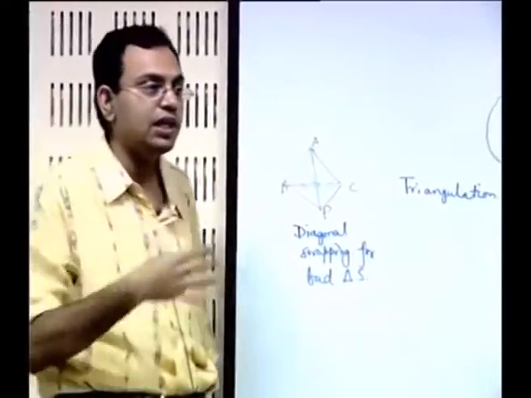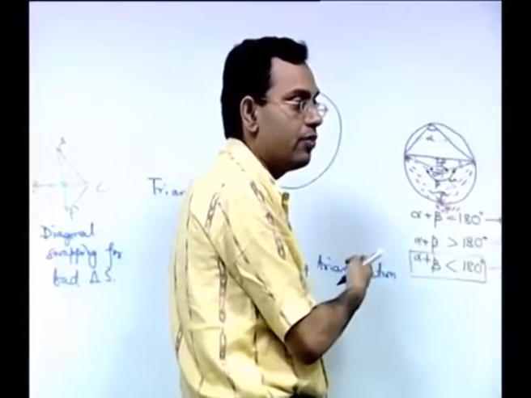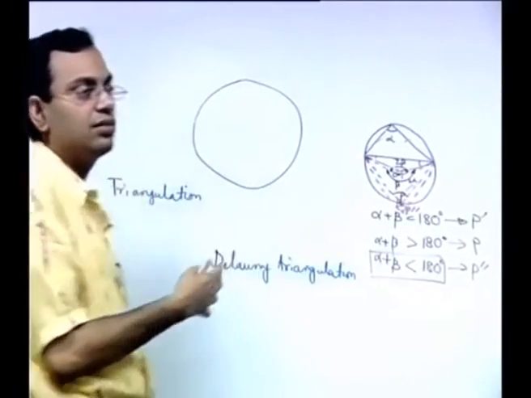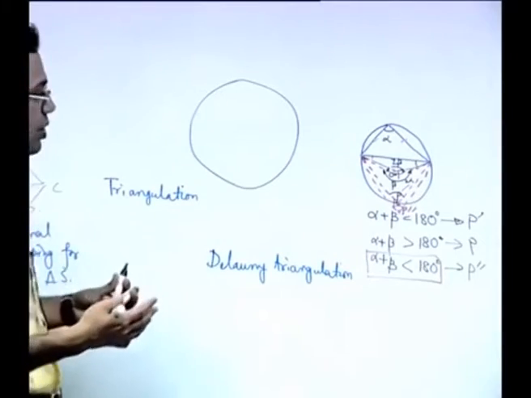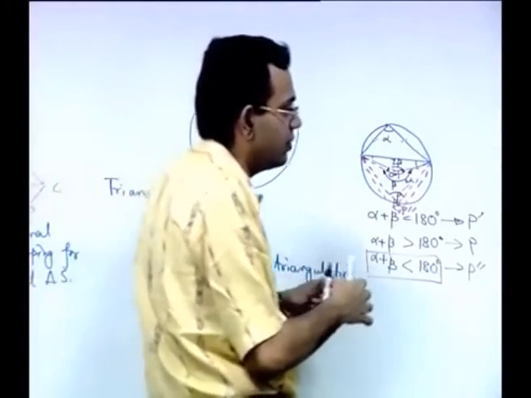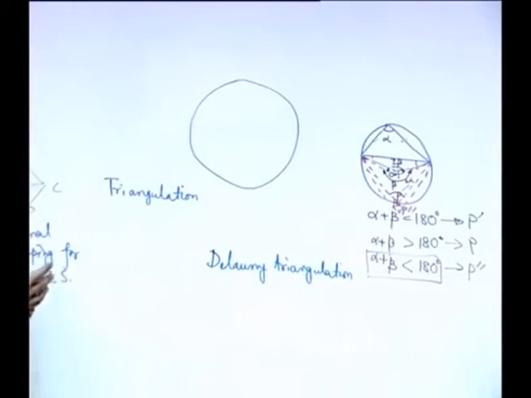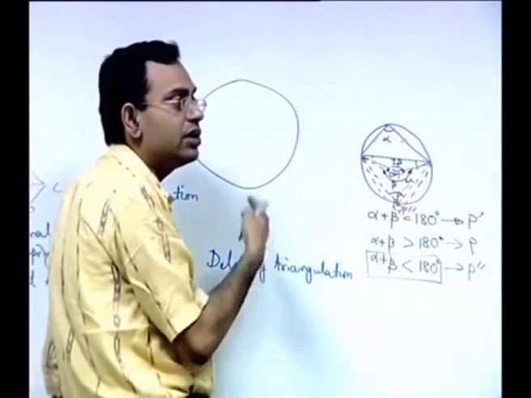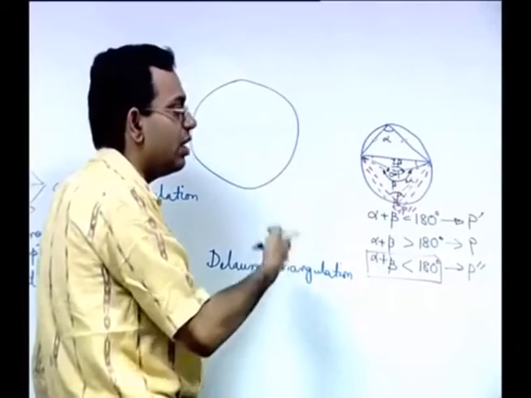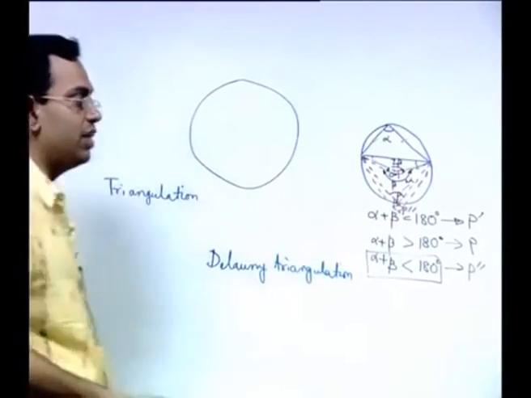So if you are more interested in learning this, refer to any book on computational geometry, where you will get more details on Delaunay triangulation, for example. In this particular course, we do not have extensive scope of going into the details of computational geometry, but do keep in mind that certain considerations of computational geometry are important for generating good quality meshes, and how to generate good quality triangles is just an example which we have highlighted.